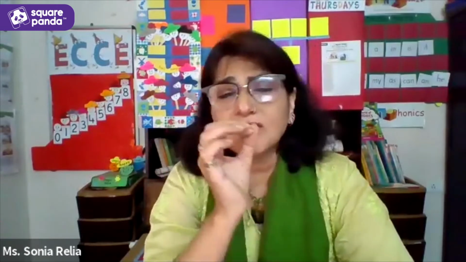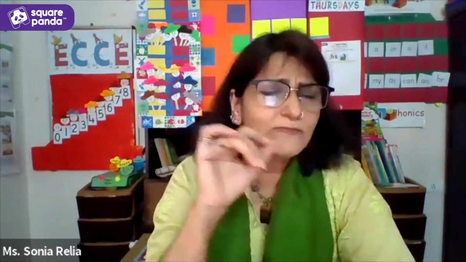Because I feel for activity-based learning, the one most important thing is basic discipline in the classroom. Otherwise, the whole purpose of what we are doing the activity for gets defeated. So creating a systematic activity pattern, whether it is online, offline, I know it's much tougher because here the child is mostly doing individual work.